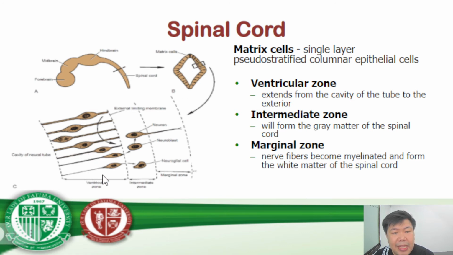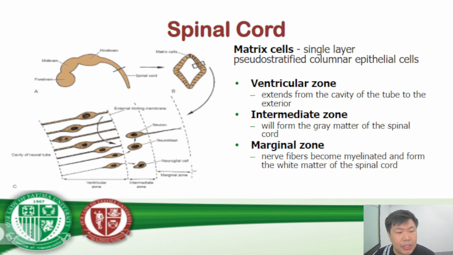At diyan natin makikita most of the nuclei of the matrix cells found in that area. Next, we have your intermediate zone. Some nucleus will also be found there. But what's important to remember for the intermediate zone is that they will become the gray matter in the future. And we also have your marginal zone, which will become the white matter of the spinal cord in the future.